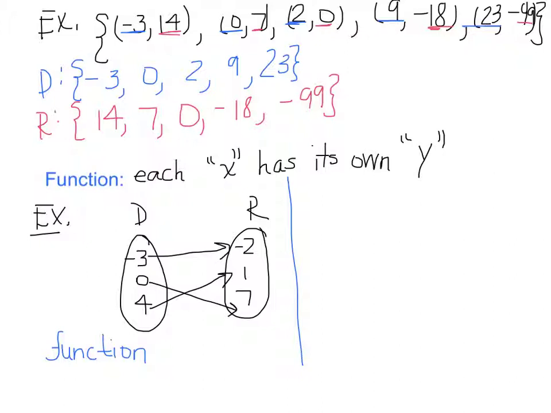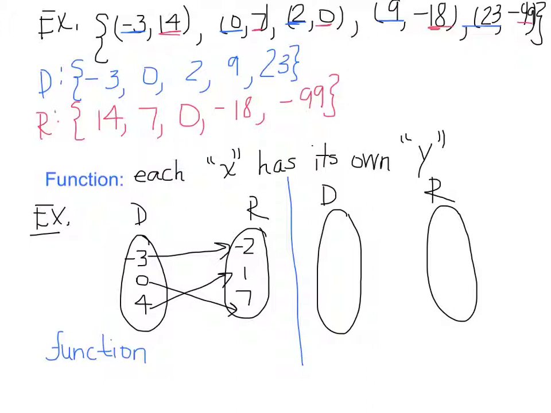And then here's another one. Here's domain, here's range. And we have 2, 3, 4, 6, and -3, -1, 3, and 6.